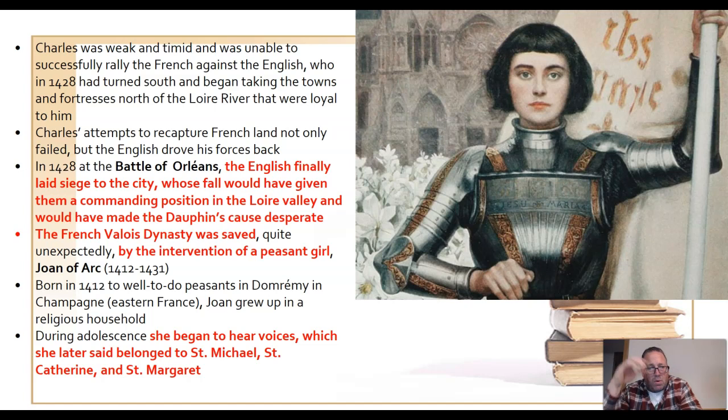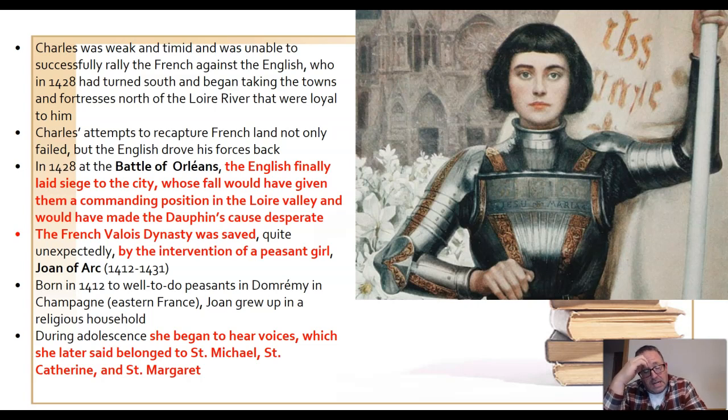This is quite an interesting tale. This woman is a peasant, and it's a remarkable story because she ends up helping save France. As a young child, she was just a teenager. She only lived to be 19 years old.